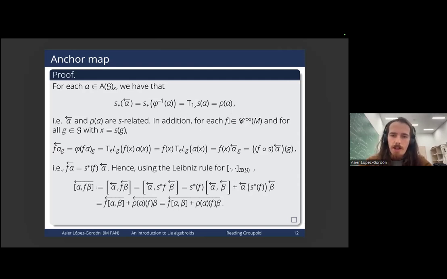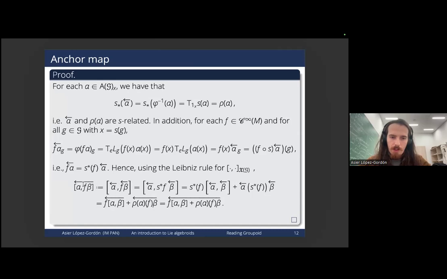And also that for a function, the left invariant vector field associated to a smooth function times a section is the same as the pullback by the source of the function times the left invariant vector field.